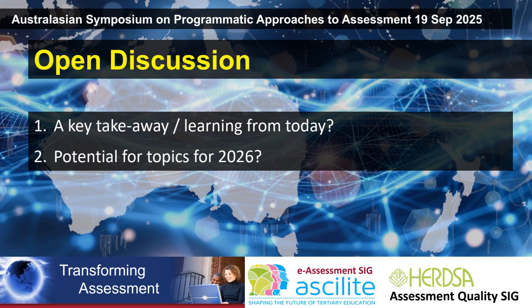As attendees and presenters, what are the key takeaways and learning from today? If there was one big thing that jumps out at you as your big lesson for today, what would that be? It doesn't necessarily need to be the most recent one. So have a little think and type it into the text chat.